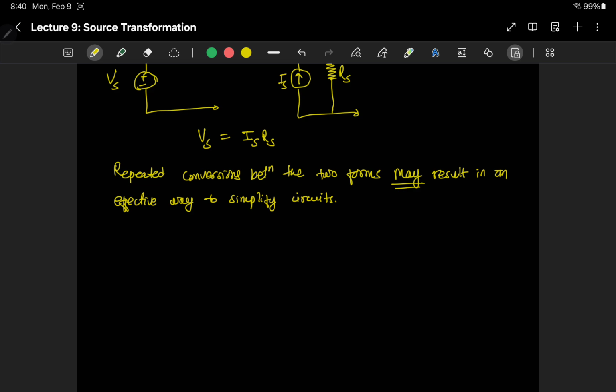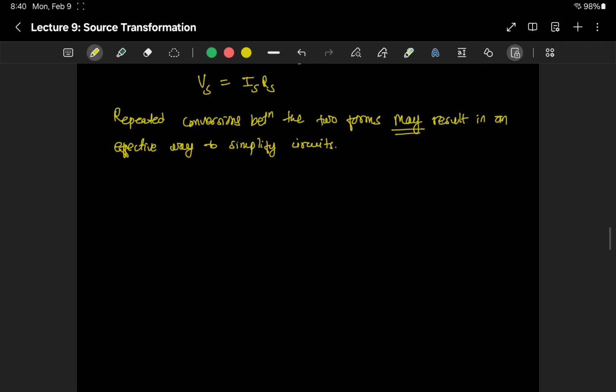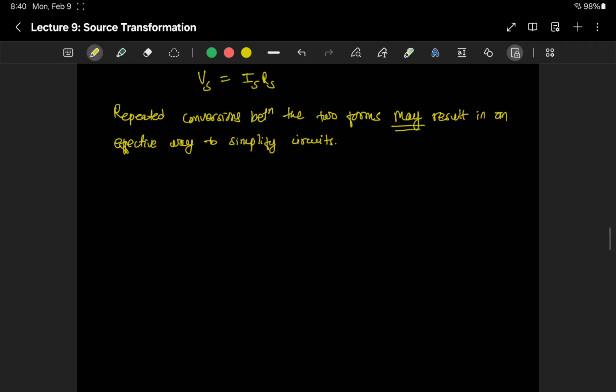Okay, it may actually result in simplifying the circuit, but sometimes this might lead to a dead end, and it just makes the problem complicated. But with practice, this conversion from one form to the other is a really effective way to simplify circuits. So to do that, we can have series voltage sources add up.